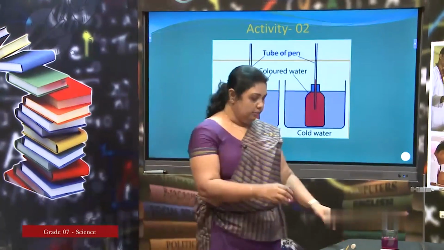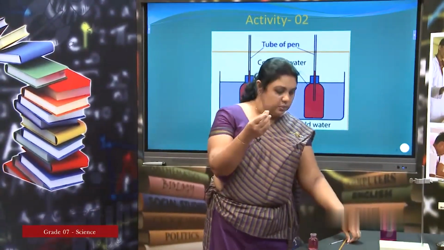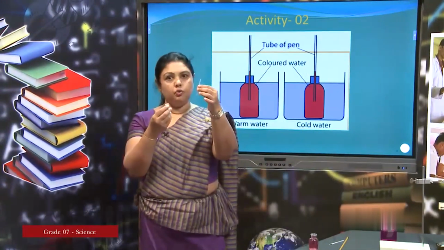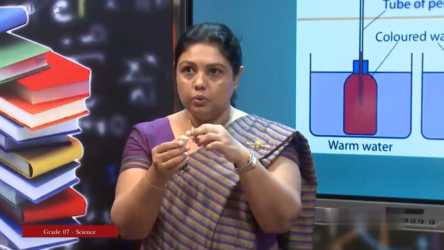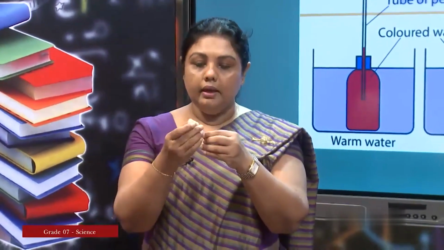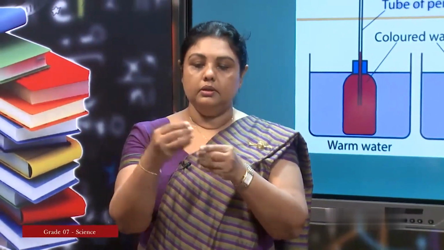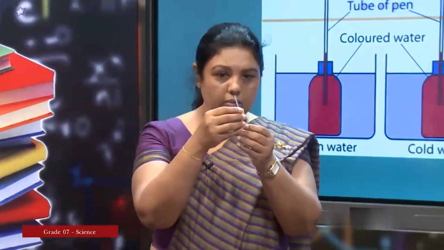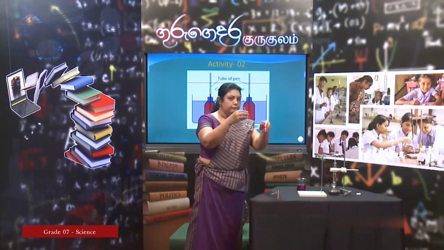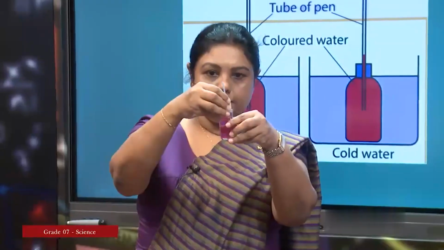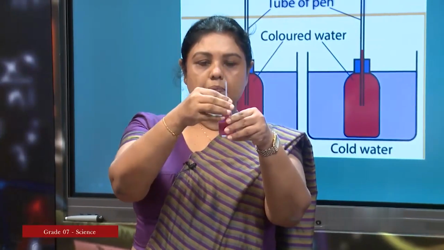At the same time, a small stopper like this is necessary, as well as a small plastic tube. Make a small hole here and put this tube into it and allow it to come out this way. After that, you can easily fix this into this. This is the simple setup.